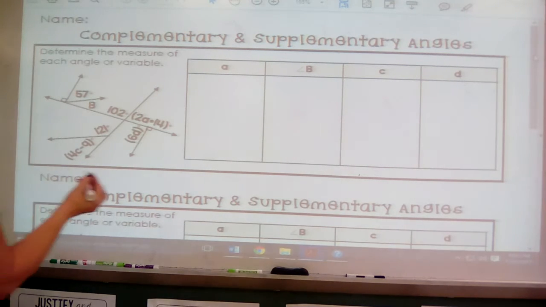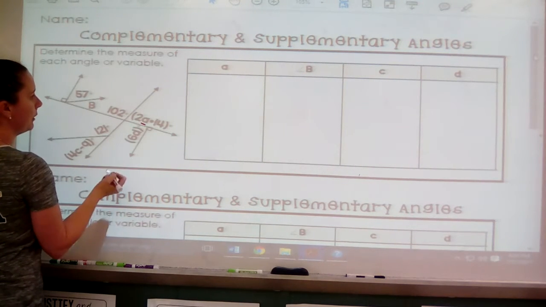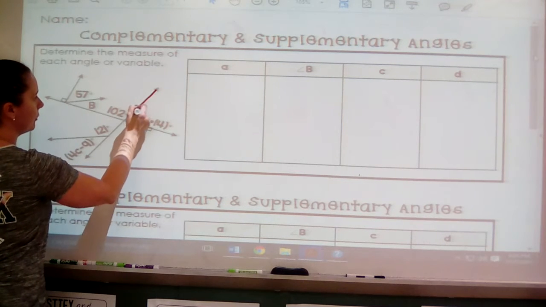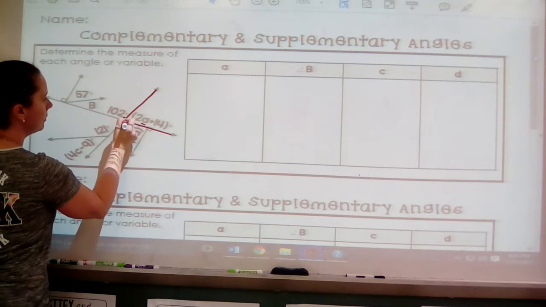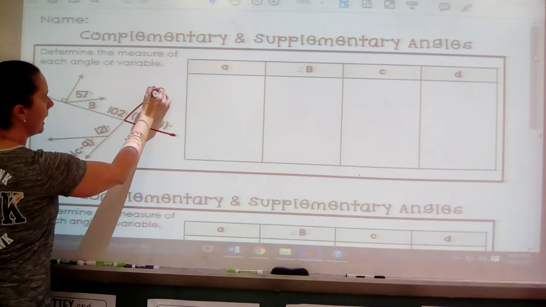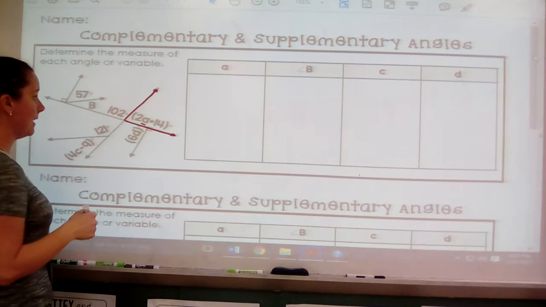I find my A on my diagram, and I'm going to trace the angle that the measurement A is in.